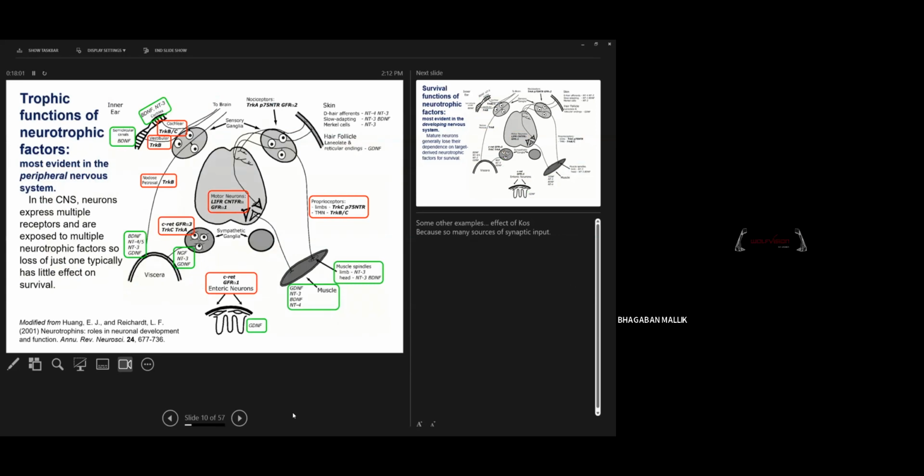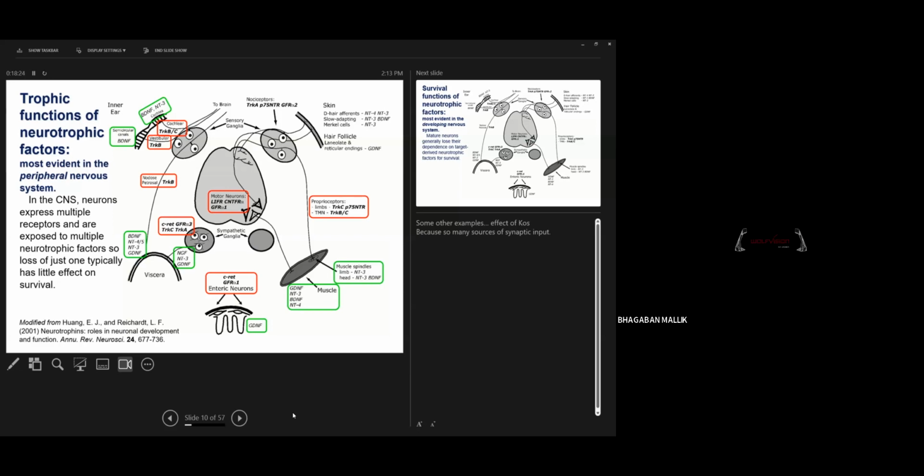Here I'm summarizing things: you have different receptors, you have different neurotrophins. In the skin you have many neurotrophins, like NT4, NT3, or BDNF. Merkel cells have BDNF, D hair afferents have NT4.